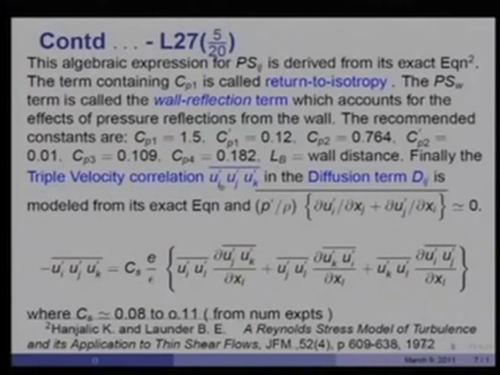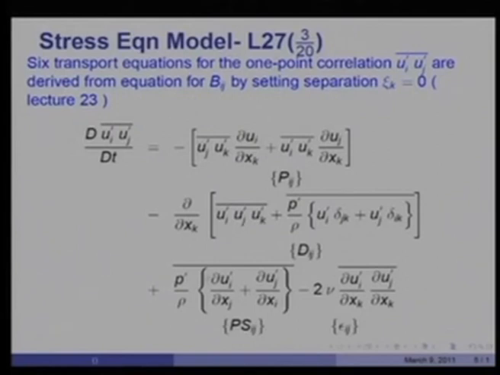The triple velocity correlation ui prime uj prime uk prime in the diffusion term duij is modeled from its exact equation again. It is possible to derive an exact equation for this quantity from instantaneous forms of Navier-Stokes equations. Again, it is a matter which I am not going to discuss, what the equation looks like, but it is good to remember that the equation for ui prime uj prime gives the presence of ui prime uj prime uk prime, that is a triple velocity correlation.